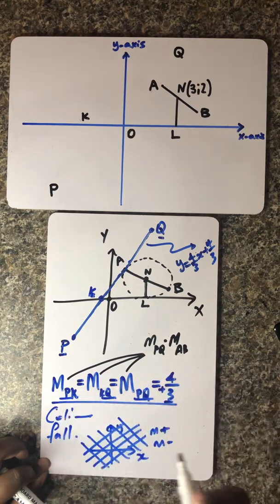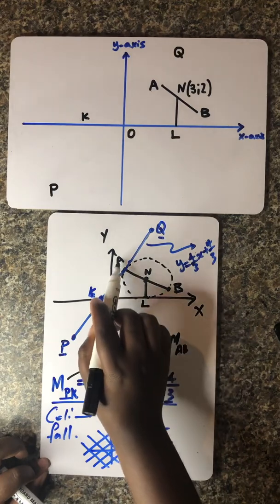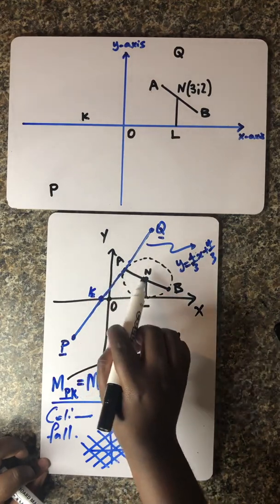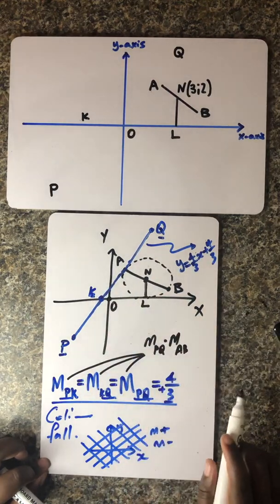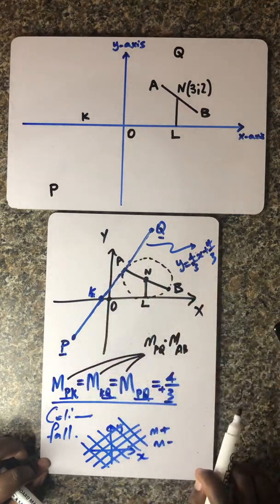Similarly, the gradient of AN and the gradient of AB and the gradient of NB are equal, even though in this case we don't know what's the gradient of that line.